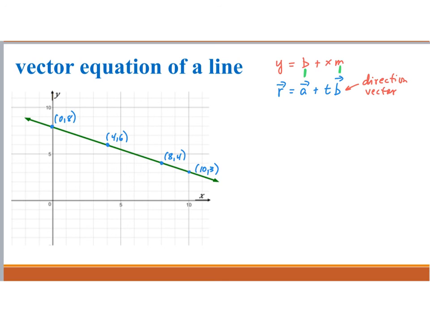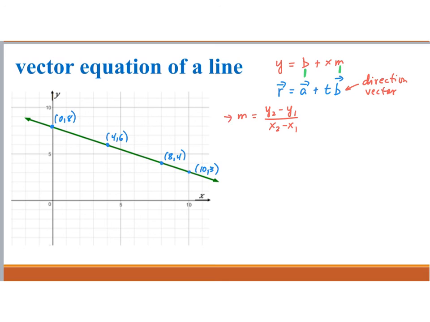Let's start with the similarity between m and the direction vector. If you remember, to get m, we choose 2 points and then use the coordinates of those 2 points to find the slope using this formula, y sub 2 minus y sub 1 over x sub 2 minus x sub 1. That's your slope.